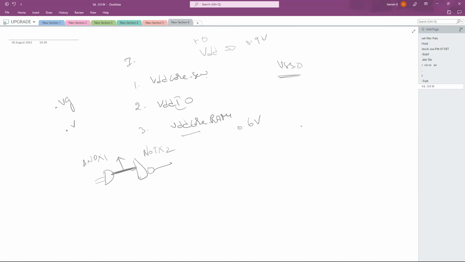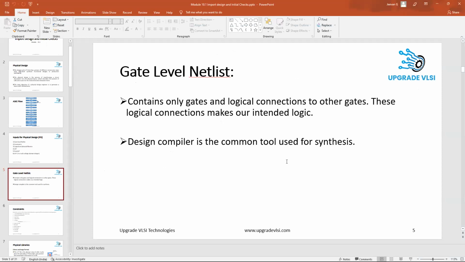So Design Compiler is a common tool for synthesis. Usually from Synopsys, Design Compiler, or DC Compiler, is the tool to perform the synthesis. From Cadence I really don't know, I never worked much with Cadence. Nowadays we are using Fusion Compiler, which performs the Design Compiler and ICC Compiler operations in a single tool.